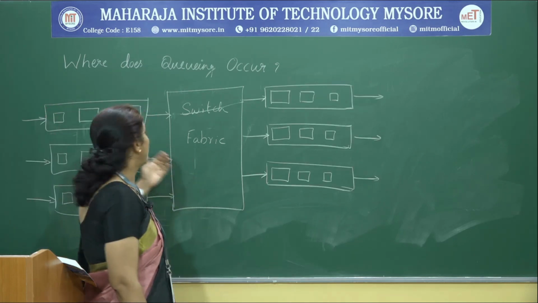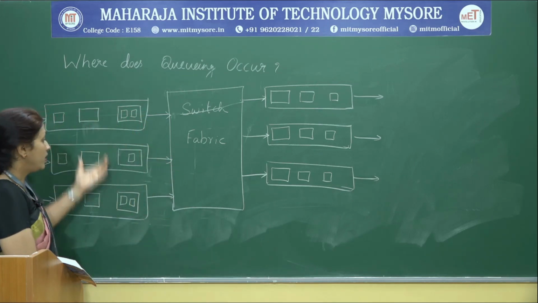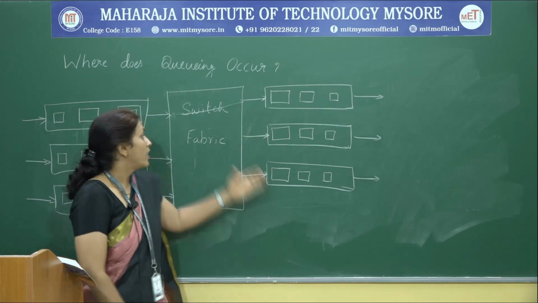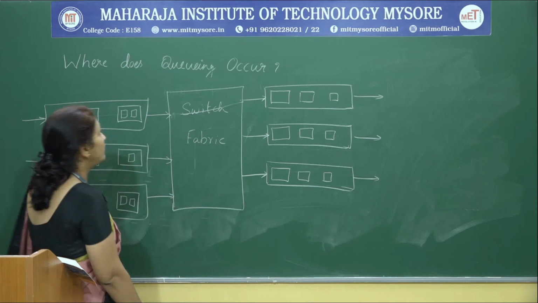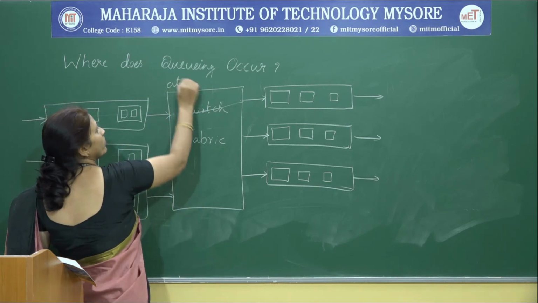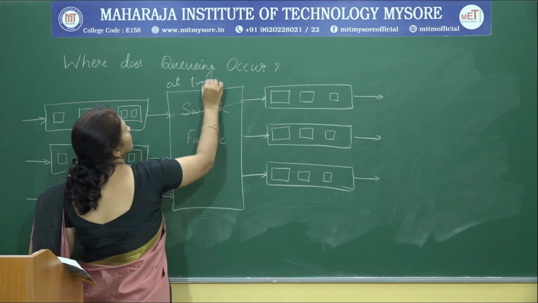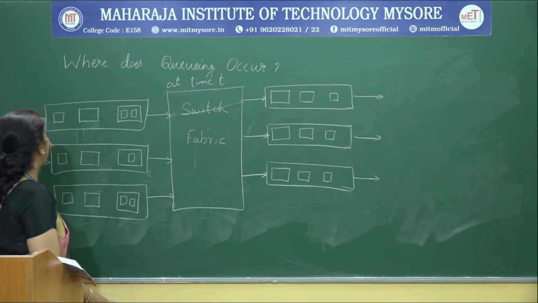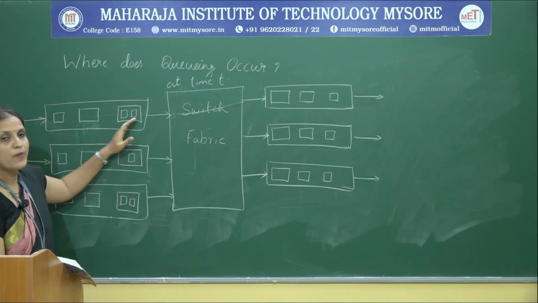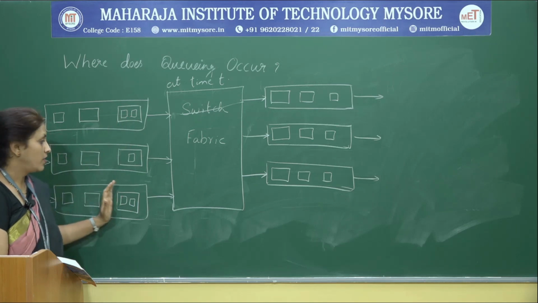Now, consider a scenario, same scenario where we have 3 input ports, 3 output ports and we have switch fabric. At time t, what will happen? We will have packets at input ports, right.